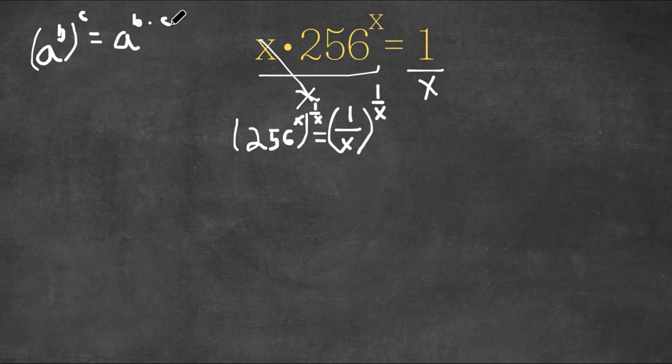So right here we have 256 to the power of x to the power of 1 over x, right? Well, this would be the same thing as 256 to the power of x times 1 over x.